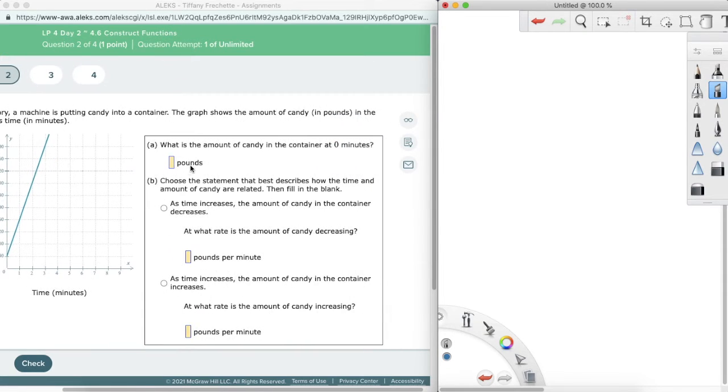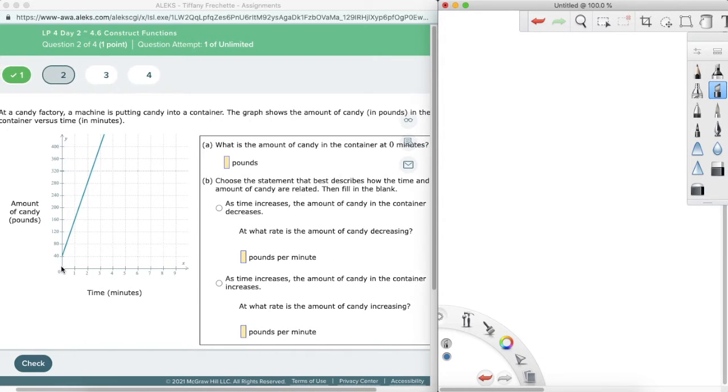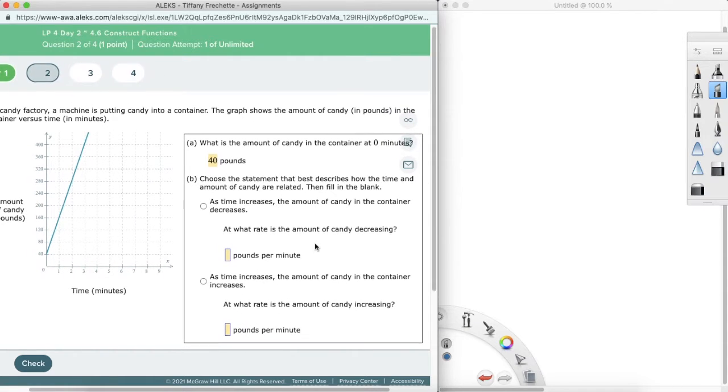So the first question says, what is the amount of candy in the container at 0 minutes? So if I go to 0 minutes, we want to look at what we are starting with. How much was in the container to start with? Well, it's 40 pounds. So it'd definitely be a big bowl if that was a bowl. So probably something other than a bowl here to hold 40 pounds of candy. So choose the statement that can best describe how the time and amount of candy are related, then fill in the blanks.